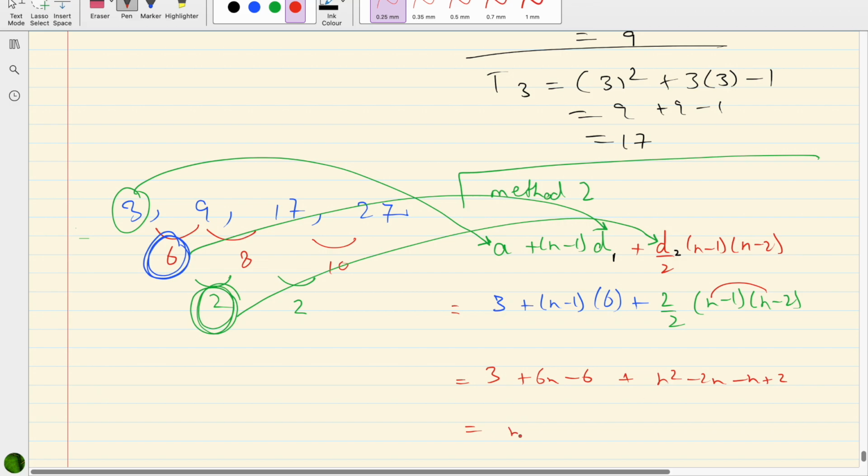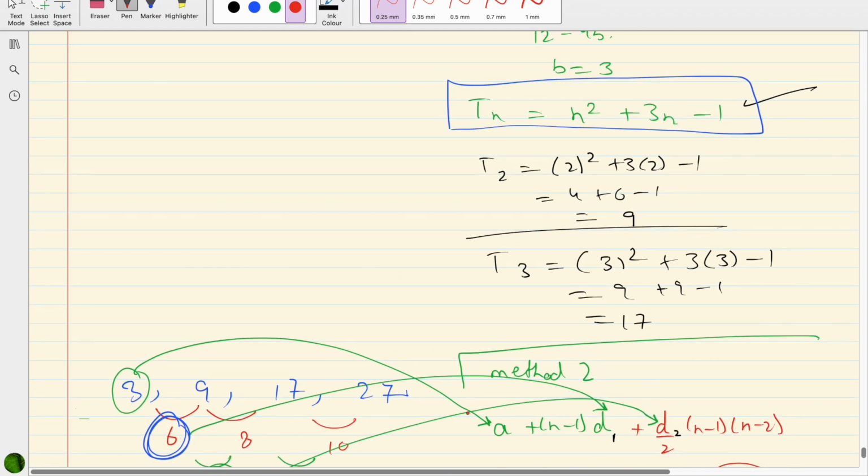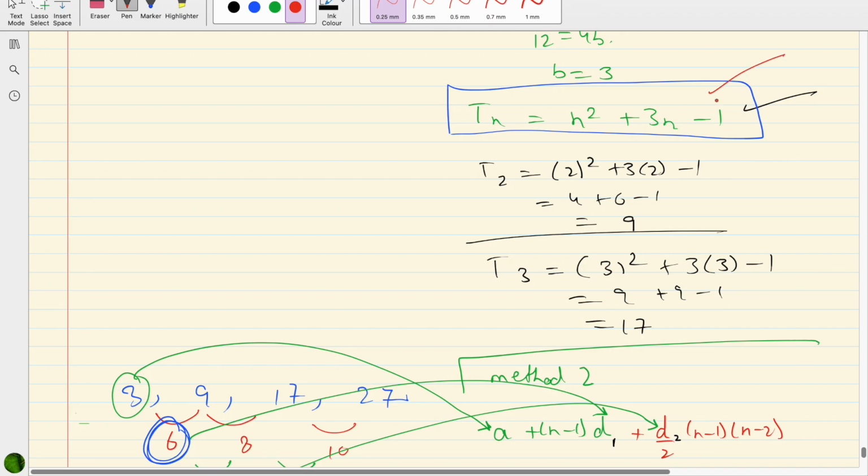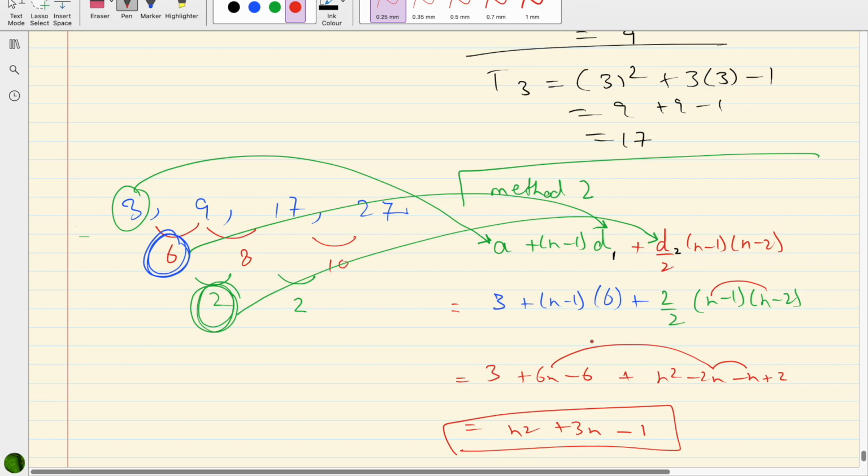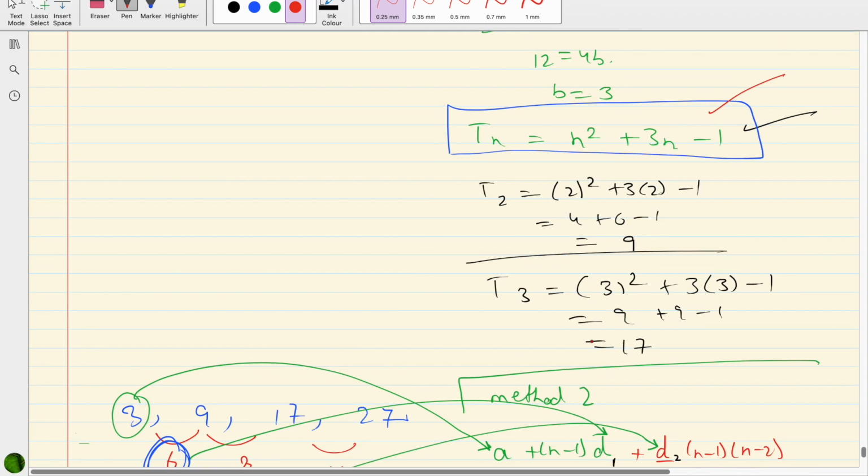So finally n square, 6 minus 2 minus 3 is plus 3n. 3 minus 6 is minus 3 plus 2 is minus 1. So n square plus 3n minus 1, which was n square plus 3n minus 1. So in the second method, you don't have to think about anything. Just plug in the correct values and solve it.